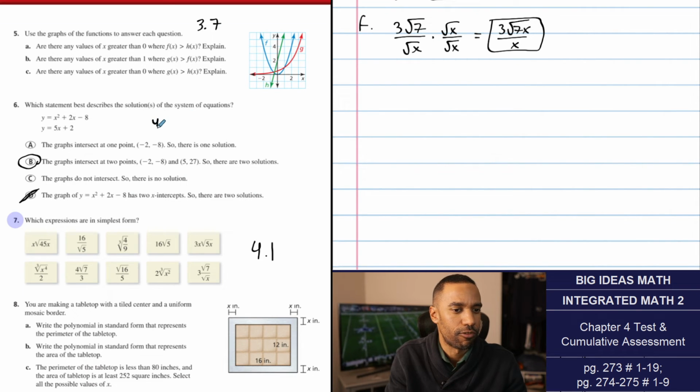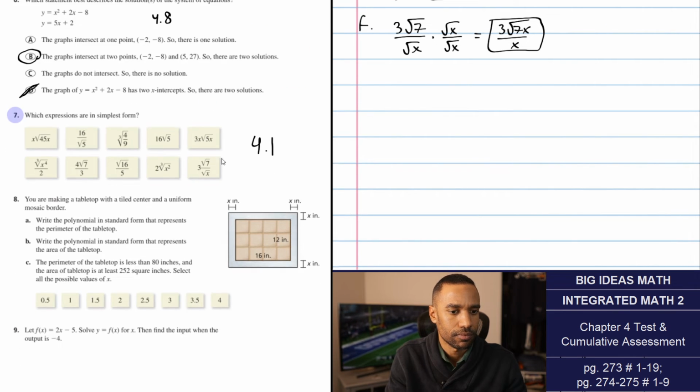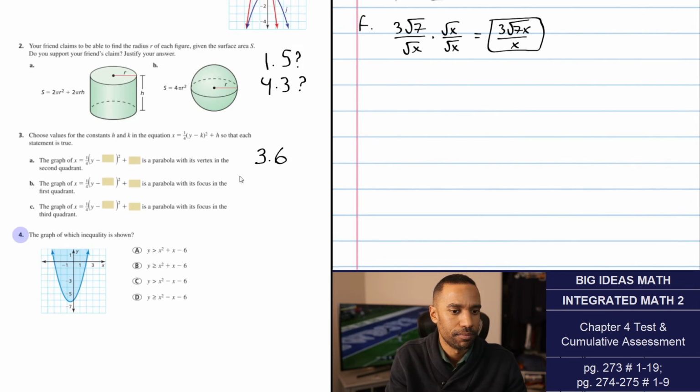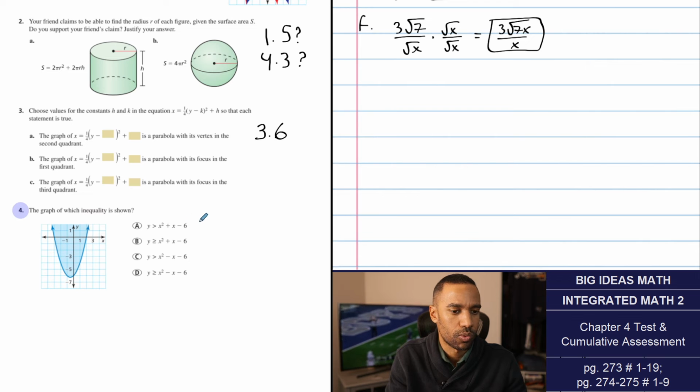This would have definitely been out of 4.8 systems. Did we do other ones before that? Did I call the other one 4.8? This is 4.9, I think. Let's see. 3.7.